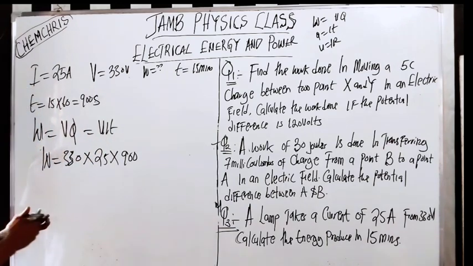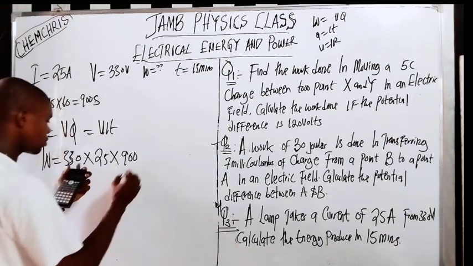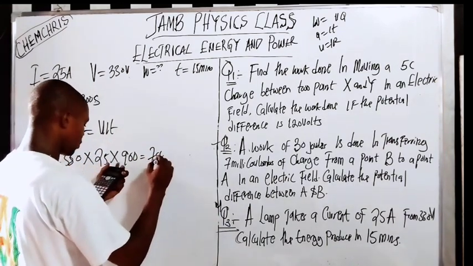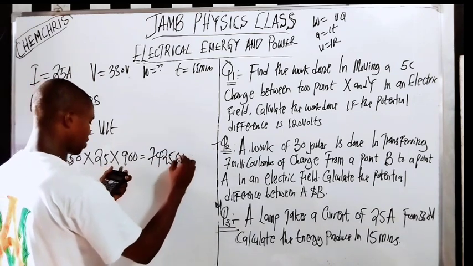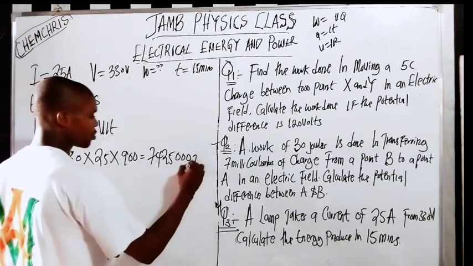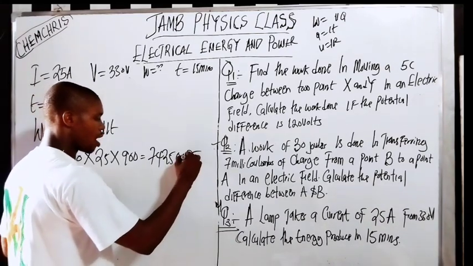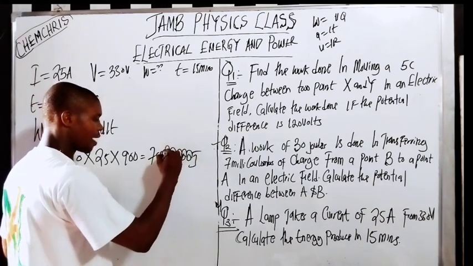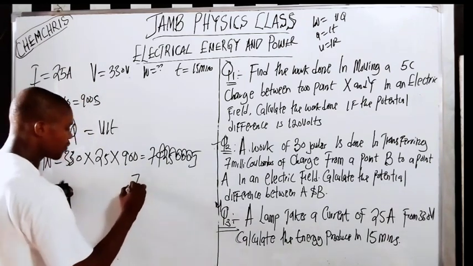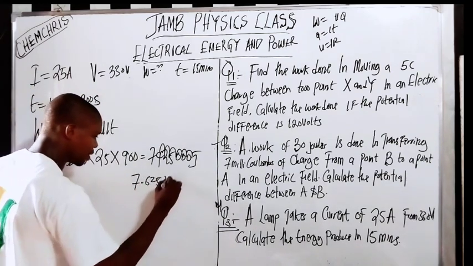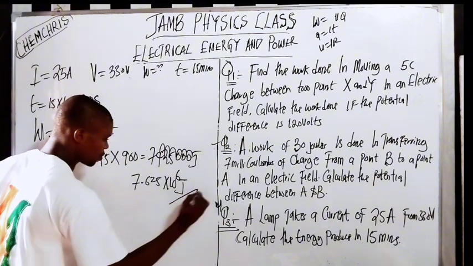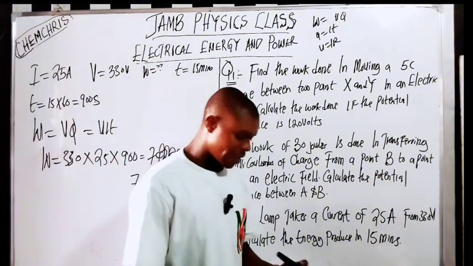So here we now have 7425000 joules. But now let's convert to standard form. So you have 1, 2, 3, 4, 5, 6. So it's going to be 7.425 times 10 to the power of 6 joules. You can see how it is here, right?